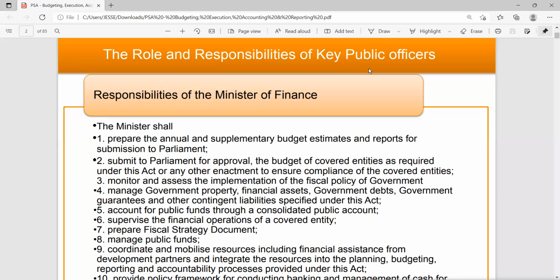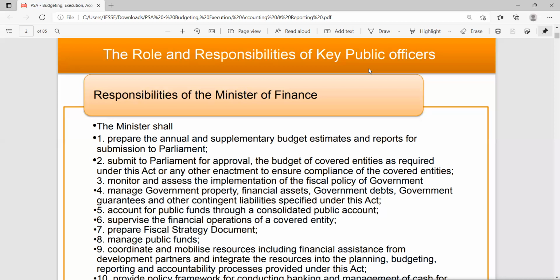So if that thing happens, then that liability becomes due for payment, basically. So the minister is responsible for all of these things, from government property to financial assets to government debts to government guarantees. He or she would manage all of that. So it's quite a very broad scope that the Minister of Finance looks at.